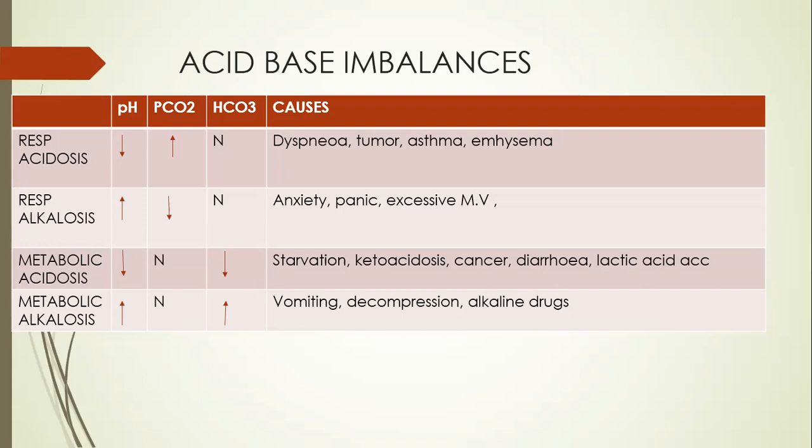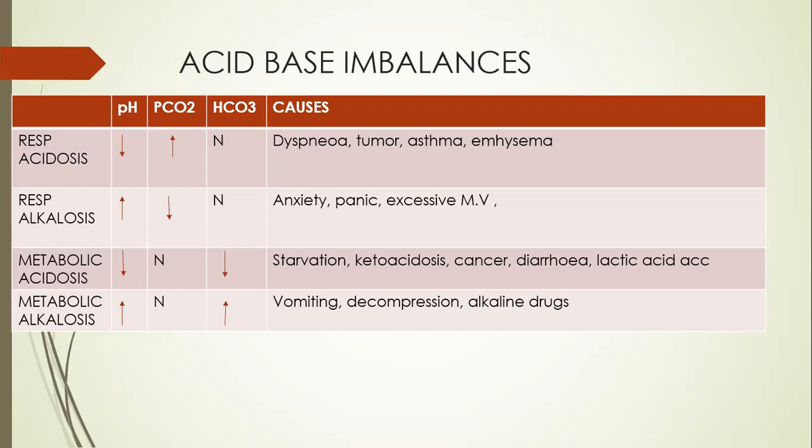Okay, so in respiratory acidosis, there is a decrease in the pH and an increase in carbon dioxide. The bicarbonate ion will be normal in case of respiratory conditions, whereas in metabolic acidosis, the bicarbonate ion will be decreased, and the bicarbonate ion will be increased in case of metabolic alkalosis.